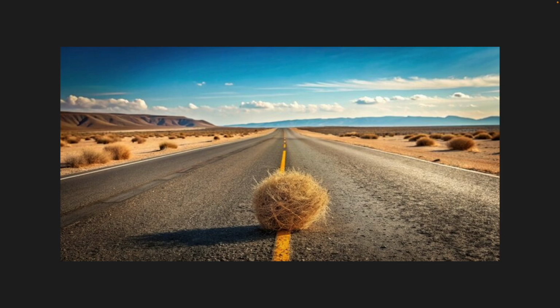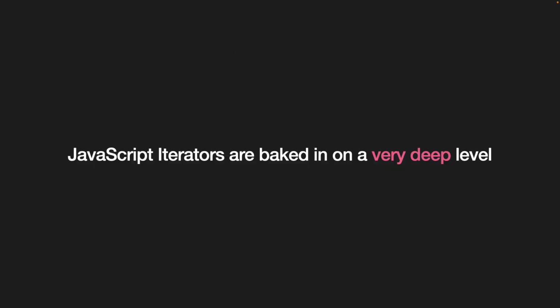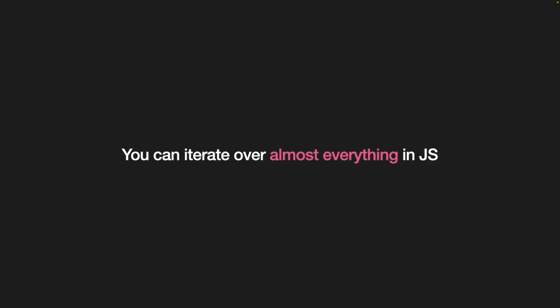And it's really sad because JavaScript iterators are baked in on a very deep level in the language, even though we don't really notice them very much. The thing is, you can iterate over almost everything in JavaScript. Some use case I've never considered before is that you can iterate over a string, right? It will yield you all the characters of a string.